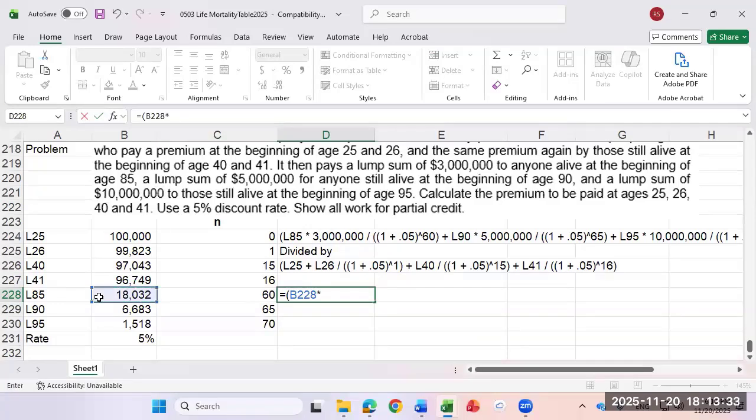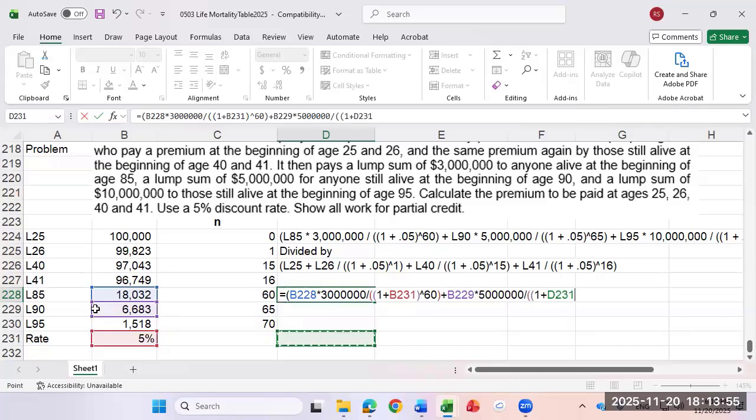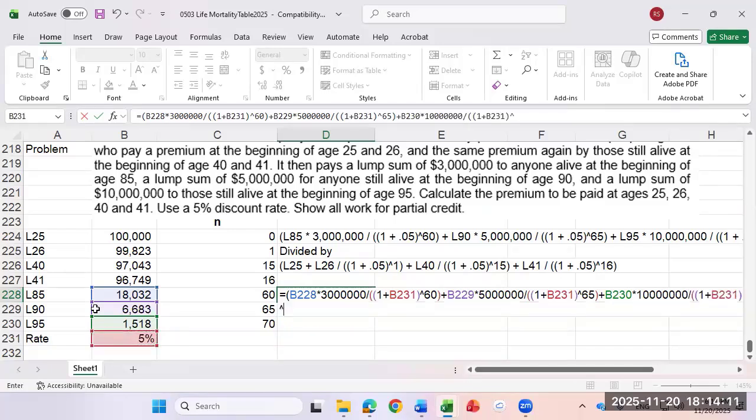L85 times 3 million divided by, I'll be real careful, 1 plus the rate raised to the 60th, plus L90 times $5 million divided by 1 plus the rate raised to the 90 minus 25, so 65, plus L95 times 10 million divided by 1 plus the rate raised here to the 70th.